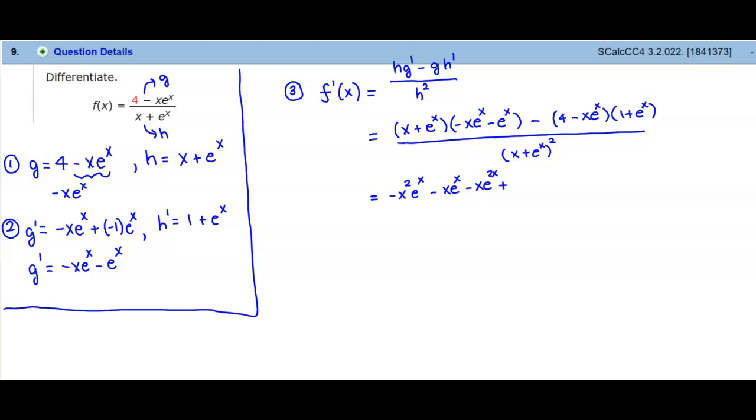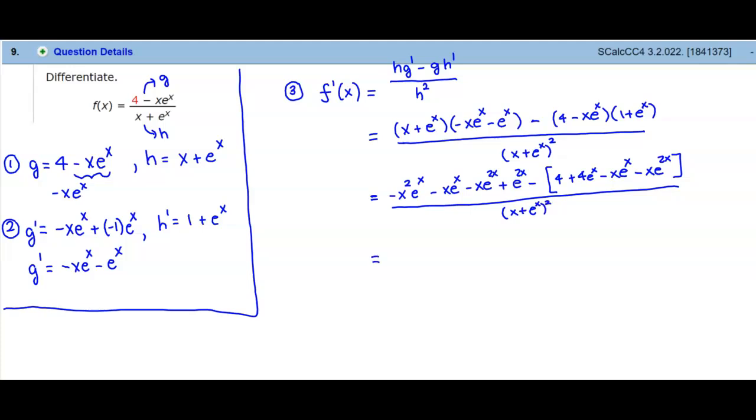And then plus e to the x times e to the x is going to be e to the 2x. Minus, we're going to FOIL this, so 4 times 1 is 4, plus 4e to the x minus x e to the x, and then that's minus x e to the 2x. And then we're going to divide that by x plus e to the x squared.